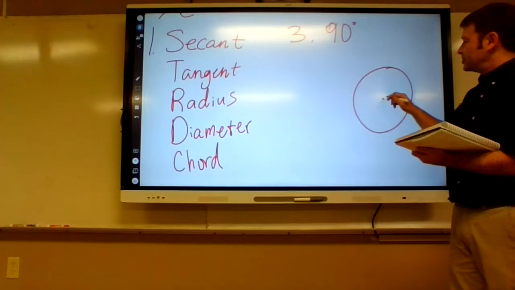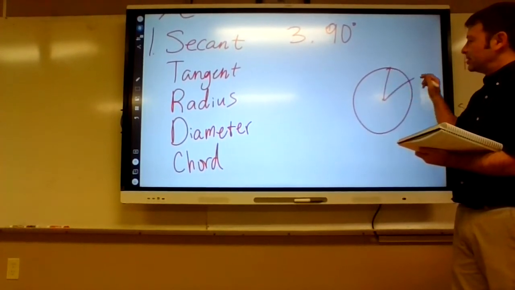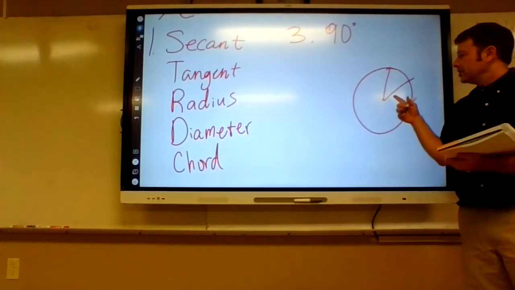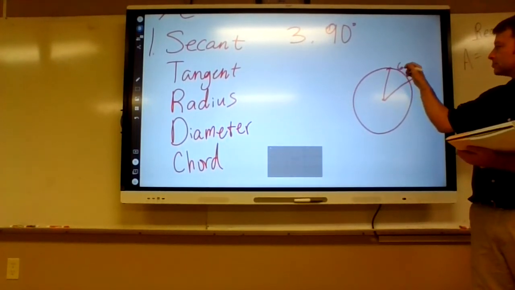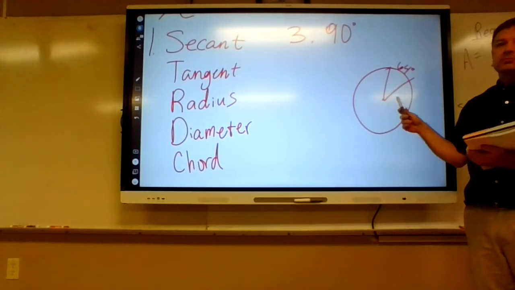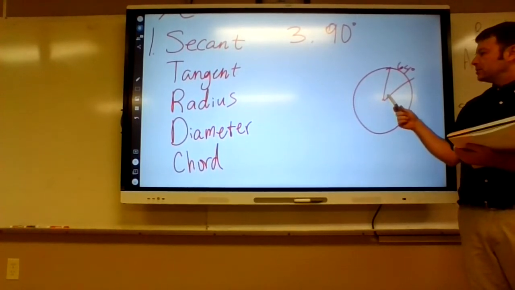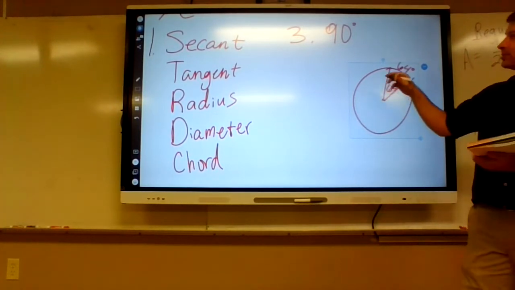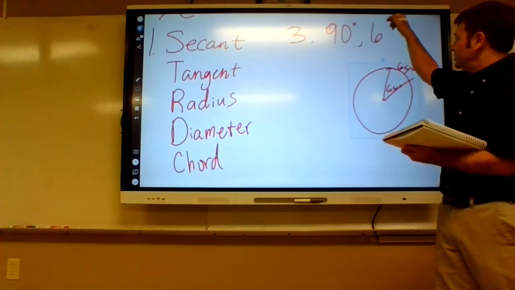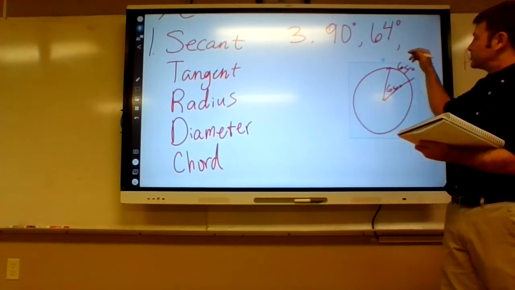If it's coming from the center of the circle, it's called the central angle. What's the relationship between a central angle and its arc? Oh, it's double. Nope. Try again. Same. Central angle equals its arc. So B is 64 degrees.